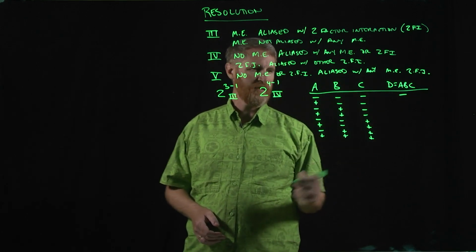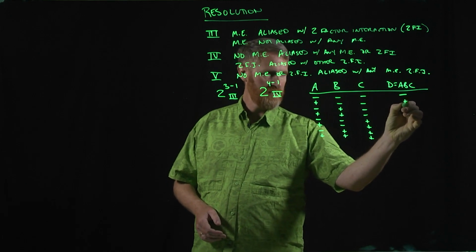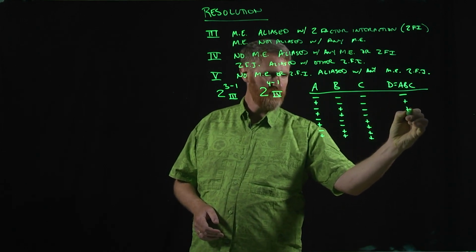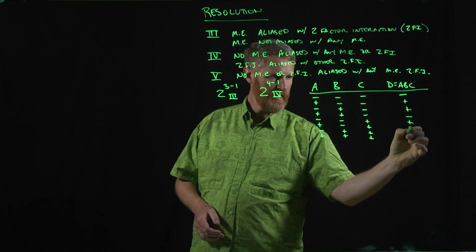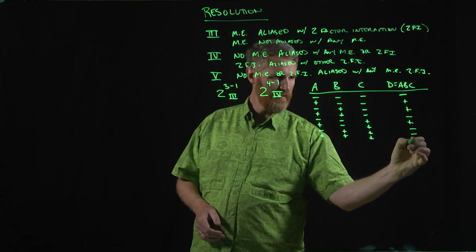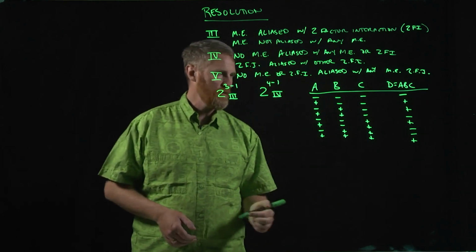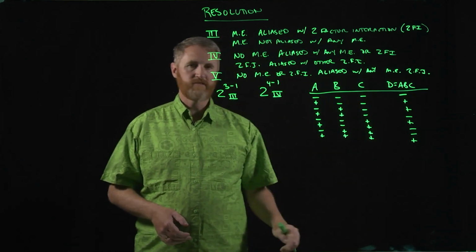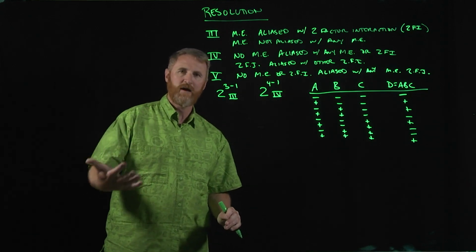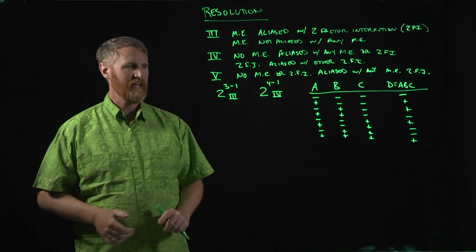Odd number is a negative. So this is positive, positive, negative, positive, negative, negative, positive. Now let's look. 1, 2, 3, 4 positives, 4 negatives. So half the experiments have D at the high positive, half the experiments have D at the negative.